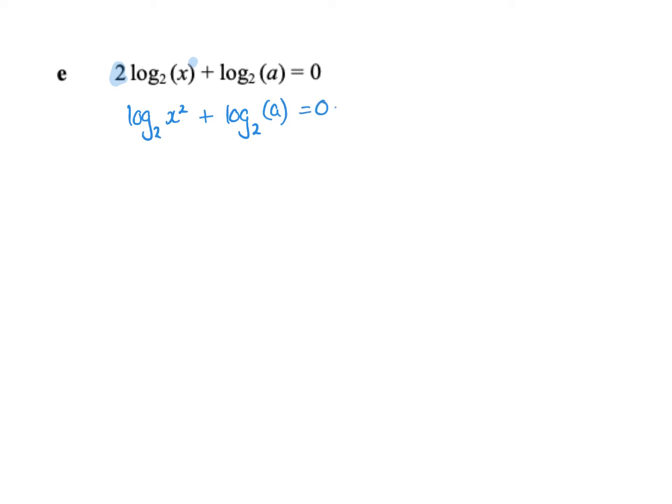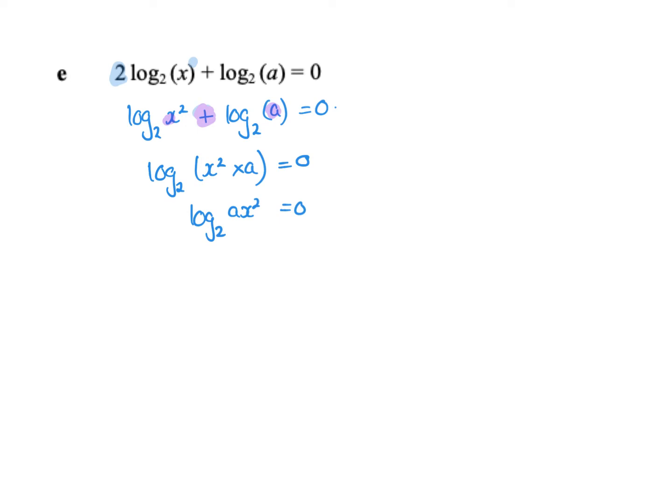Then I know when you add logs, you multiply those numbers. So it'll be log 2x squared times a equals 0. I can tidy that up and just write ax squared equals 0.